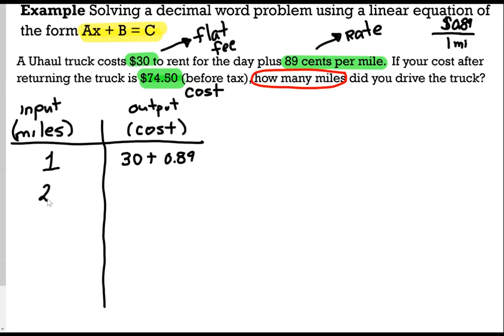What would be the cost of the truck? $30 plus 2 times 89 cents, whatever that is. All right, how about 10 miles? What would be the cost of the truck? $30 plus, there we go, 10 times 89 cents.